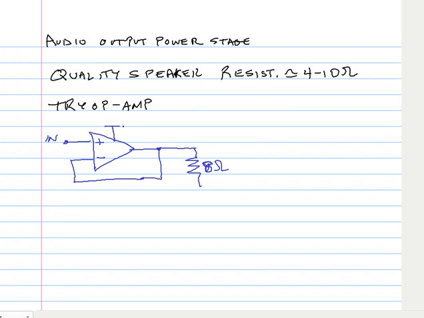Let's further say that this operational amplifier has supply rails of plus 9 volts and minus 9 volts. Ideally, if we put in an input signal that swung between plus and minus 9 volts, at the output we would have a voltage swing between plus and minus 9 volts.